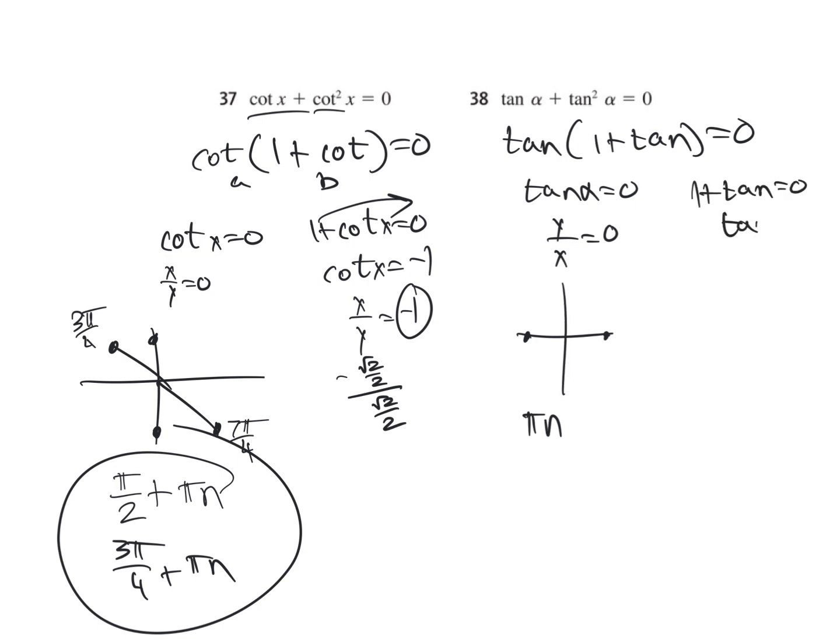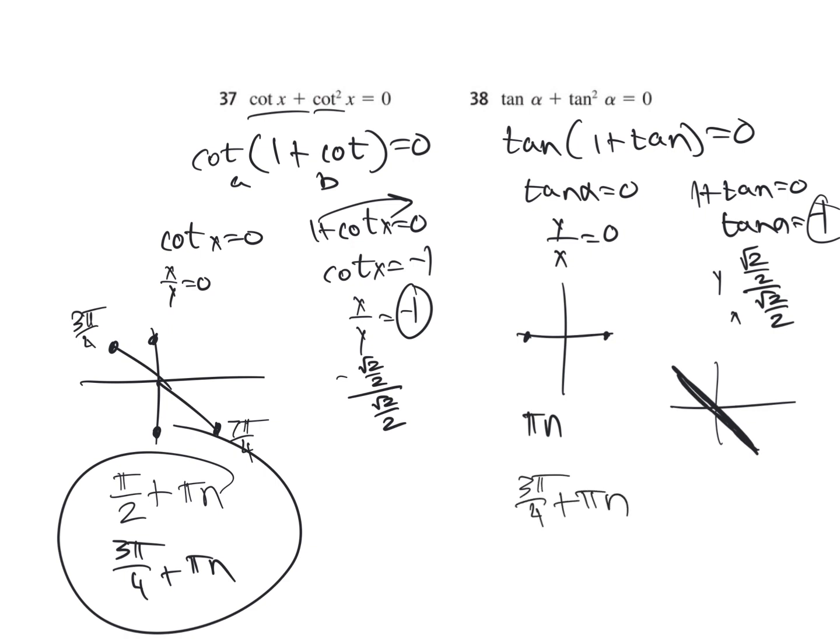So where's the tangent of alpha equal to negative 1? Again, square root of 2 over 2 and square root of 2 over 2. So that's your y and your x. It doesn't really matter, but it has to be negative. So negative meaning y over x in those positions. So that'd be 3 pi over 4 plus pi n. All right, so those are your two answers for number 38.